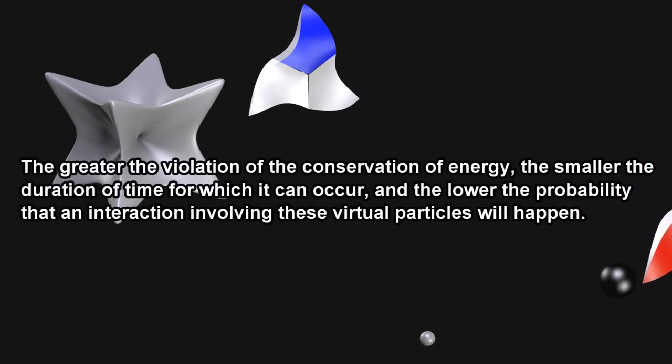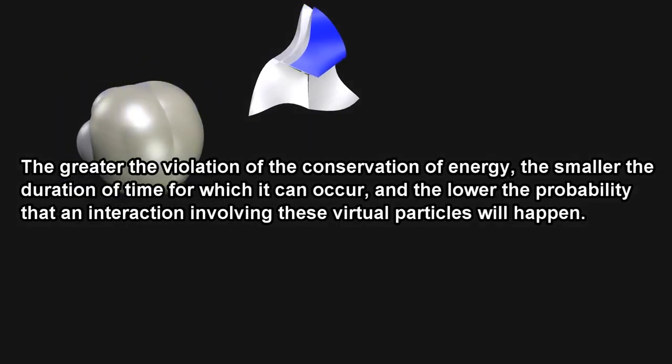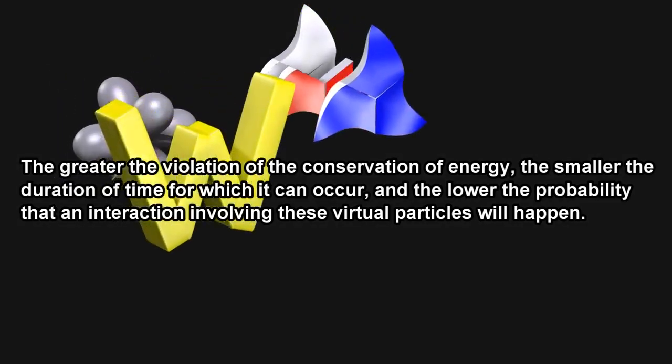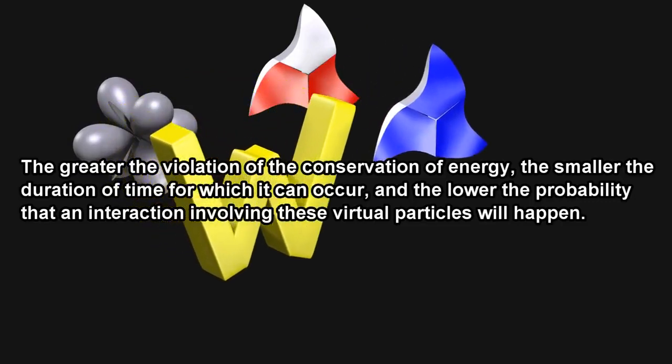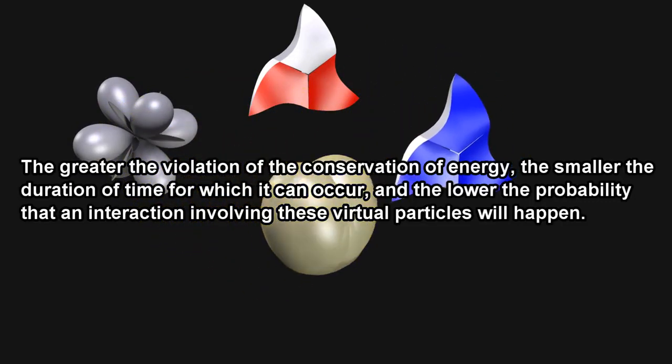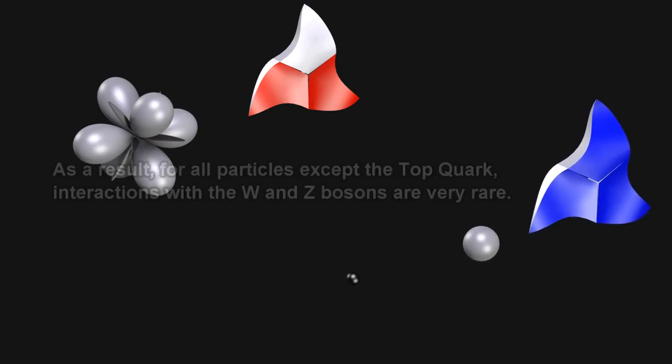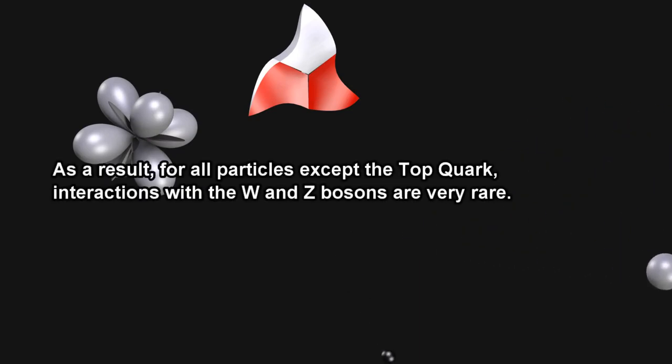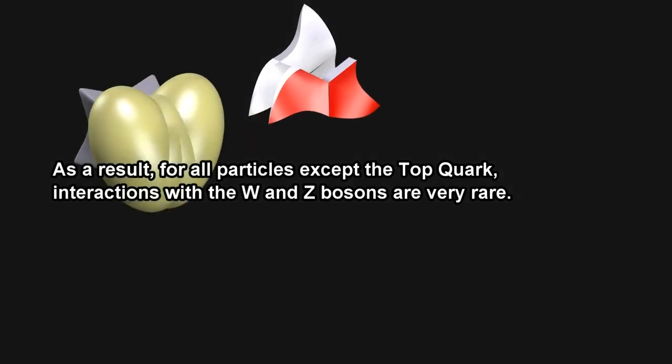The greater the violation of the conservation of energy, the smaller the duration of time for which it can occur, and the lower the probability that an interaction involving these virtual particles will happen. As a result, for all particles except the top quark, interactions with the W and Z bosons are very rare.